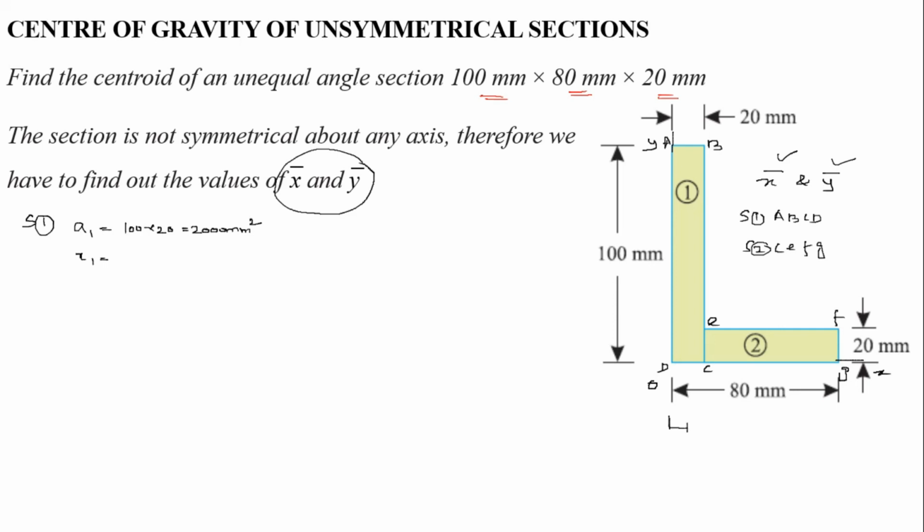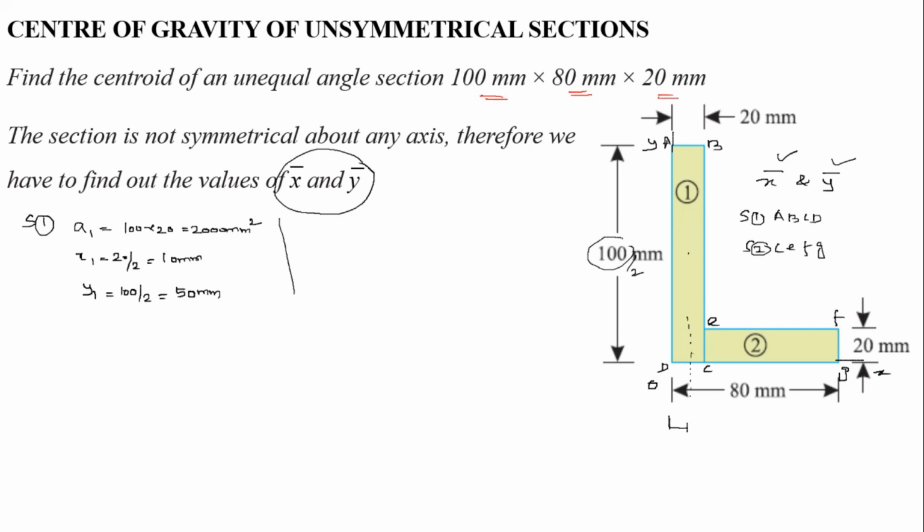This is CG, so CG is acting here, about the OY axis for this particular section. 20 divided by 2 is equal to 10 mm. Similarly, y1, from the OX axis, is 100 divided by 2, which is equal to 50 mm.